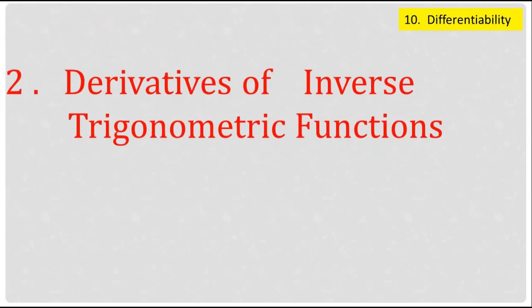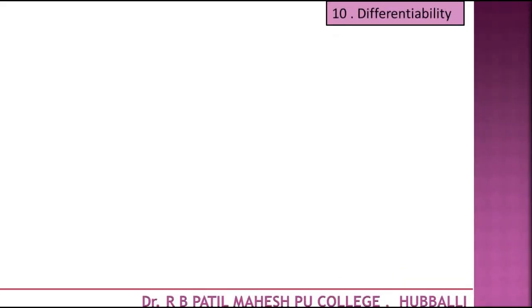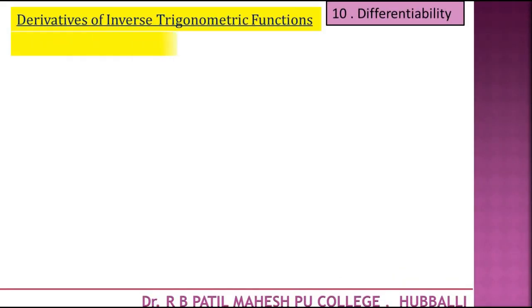In the last video, I discussed the derivative of inverse trigonometric functions. In this video, I am going to discuss the derivative of inverse trigonometric functions with a composite variable.